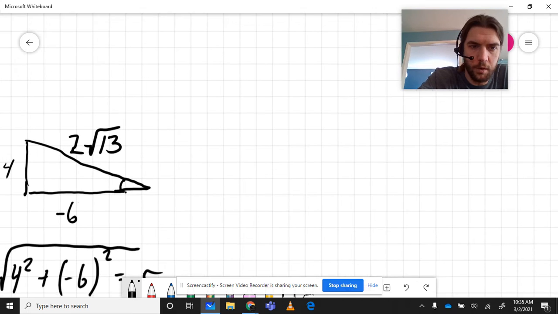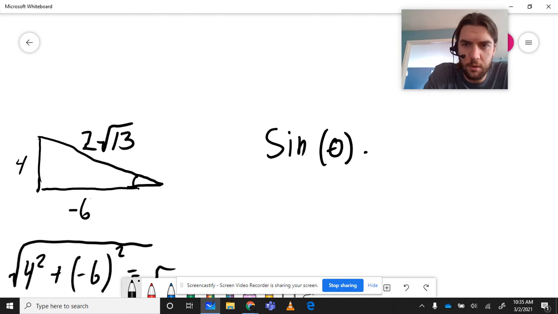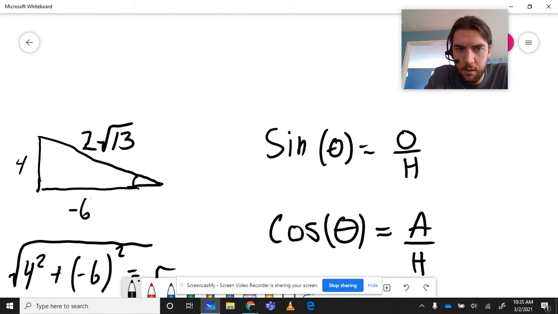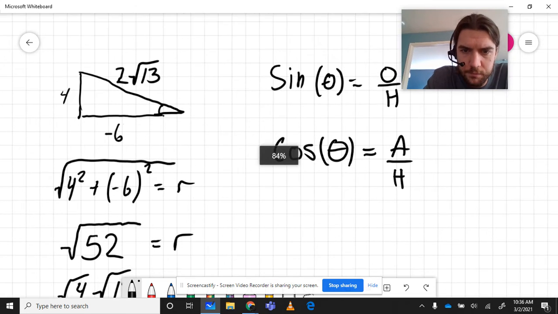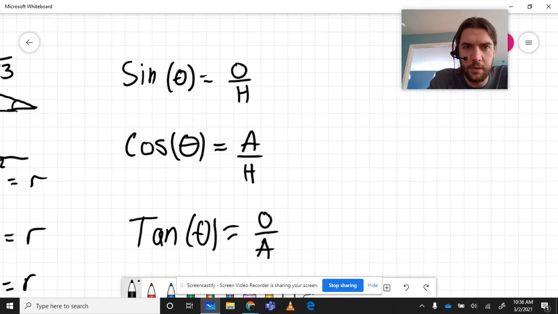Just quickly write out what all of our different trig ratios are. So our sine of theta should be our opposite over hypotenuse. So our cosine should be adjacent over hypotenuse, and our tangent should be opposite over adjacent. Let's see if I can remember these ones.